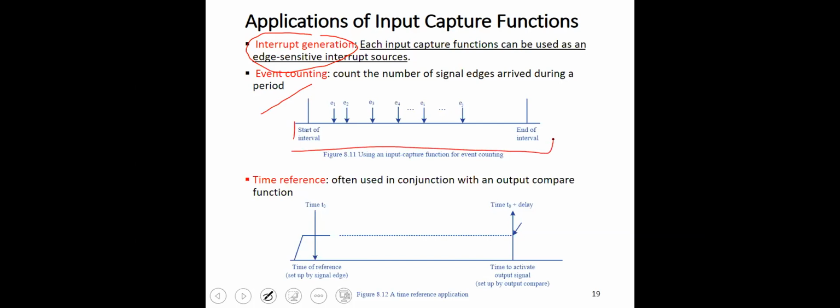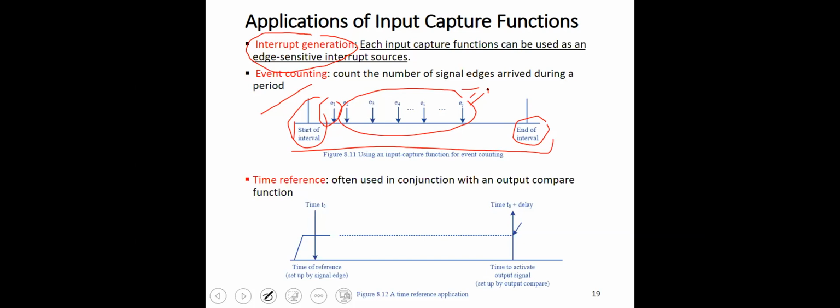When the first event occurs, you record the time, and then when the time reaches a certain value, you record how many times the event occurred. In this case, you need a software counter in your program to count how many events occurred during this period of time.